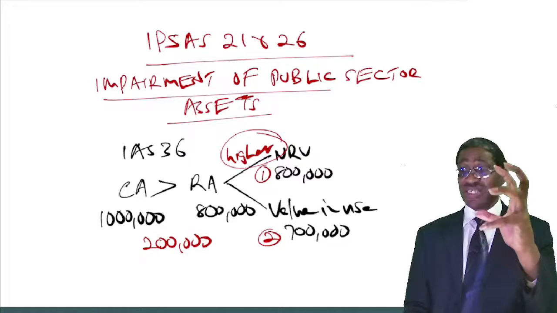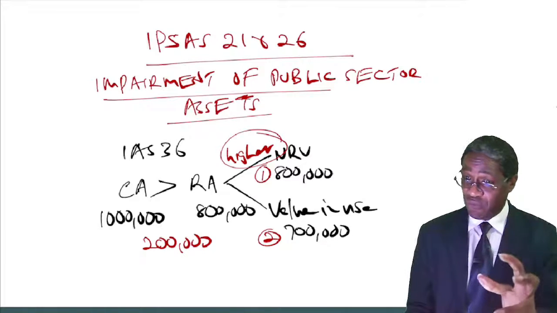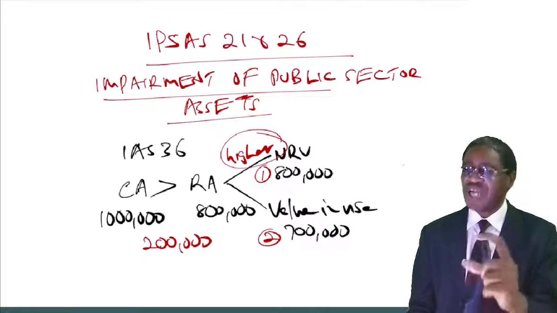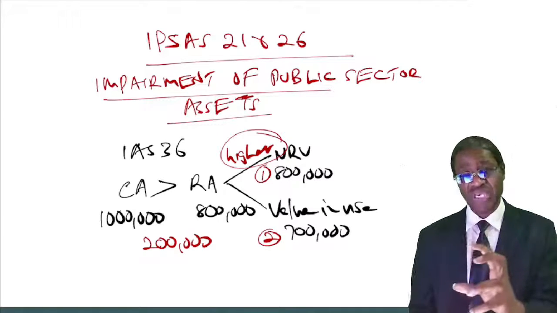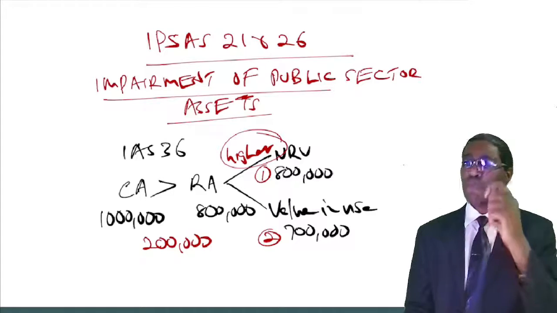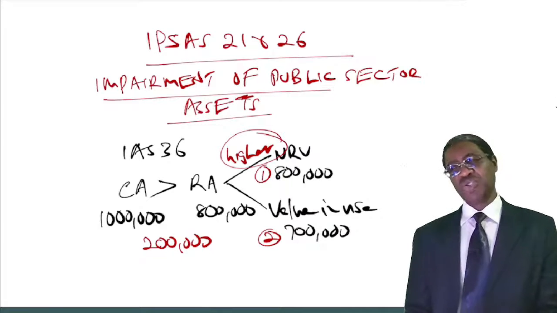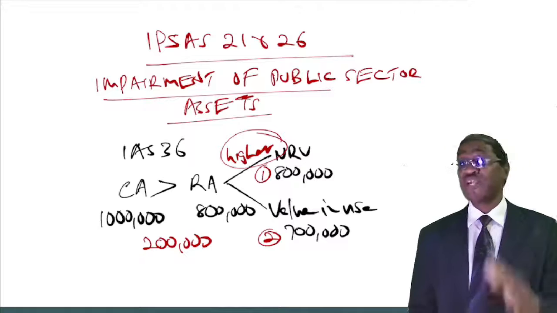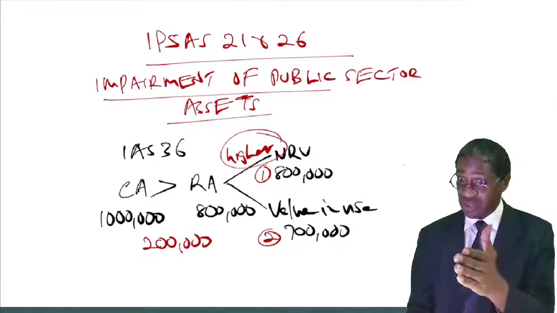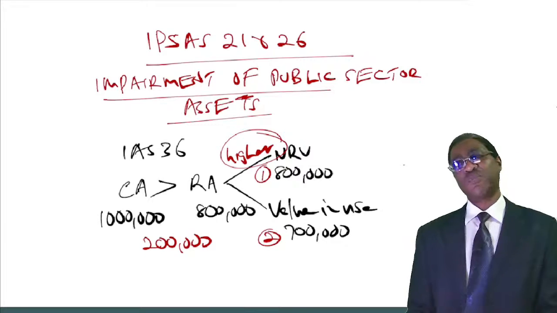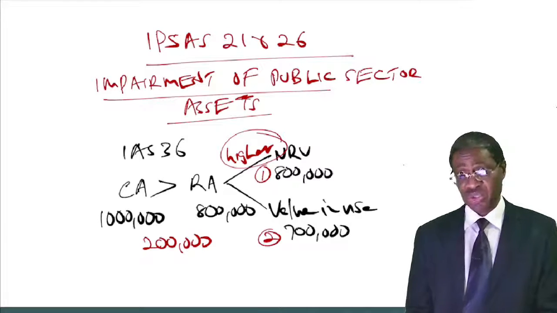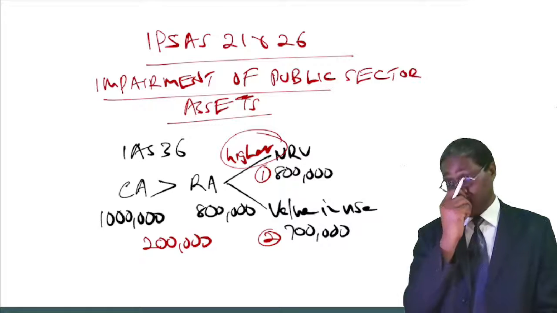We had our asset originally having a value of 1 million, but the true value for that asset should be 800. And therefore we say that asset should be impaired by an amount of 200. That means you write off 200 from the asset. Of course, you will credit the asset and you will debit the profit or loss with that loss, which we are calling the impairment loss.